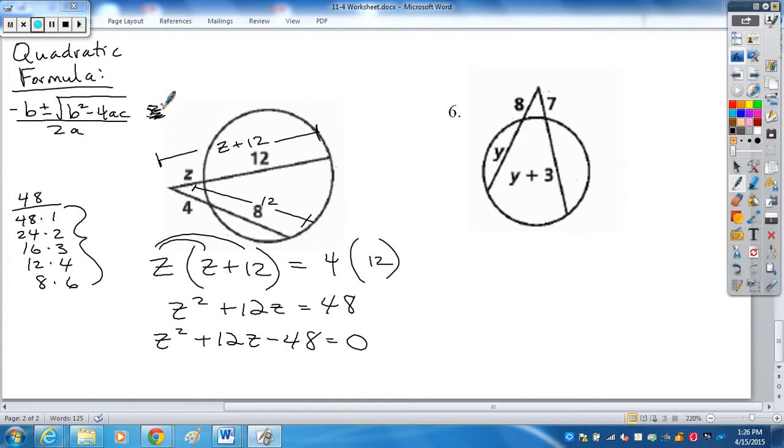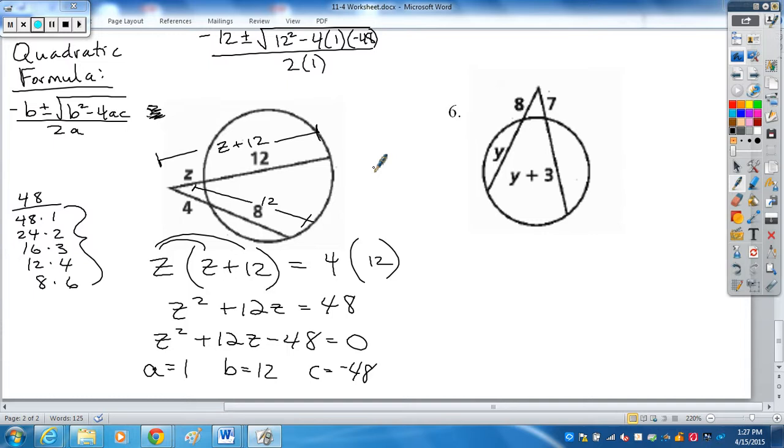So, within my problem down here, a is 1, b is 12, and c is negative 48. Okay? So, if I plug that in, negative b, which would be negative 12, plus or minus radical b squared, which is 12 squared, minus 4ac, which is negative 48, all over 2a.